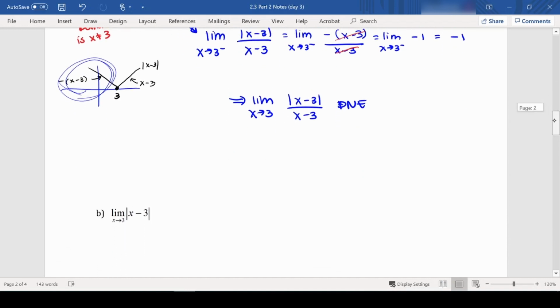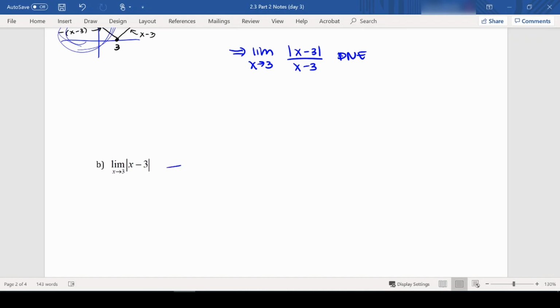So one more where we don't have the denominator. Case 1 would be the limit as x approaches 3 from the right of the absolute value, which we just saw, if you're approaching from the right, this would be equal to x minus 3, which is just 3 minus 3 or 0.